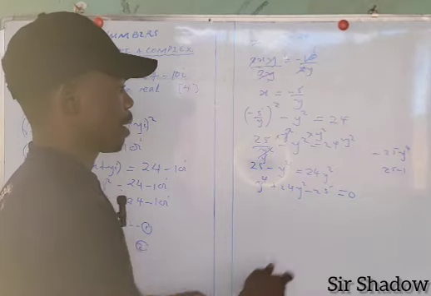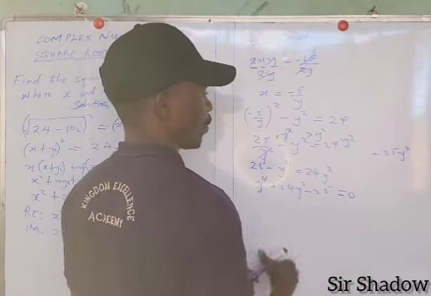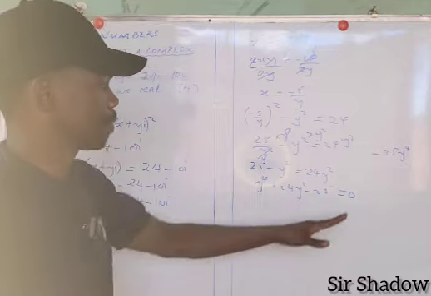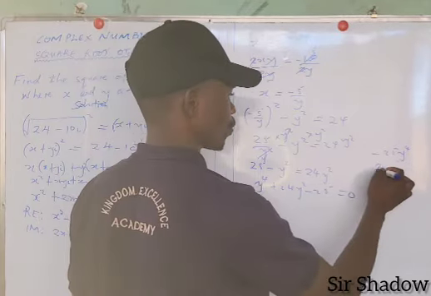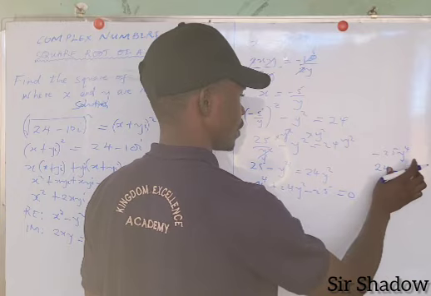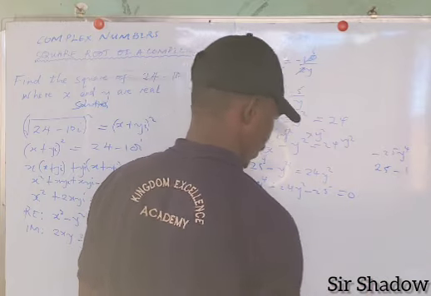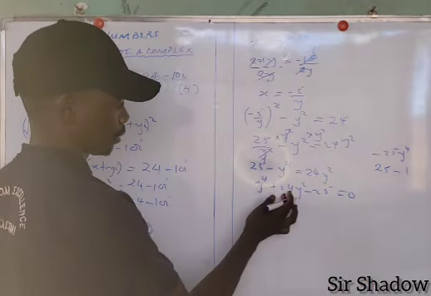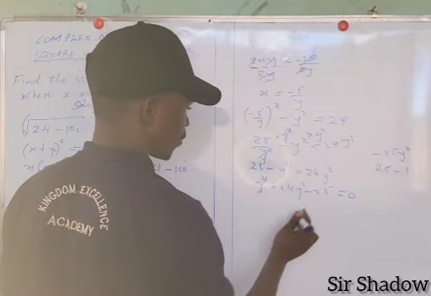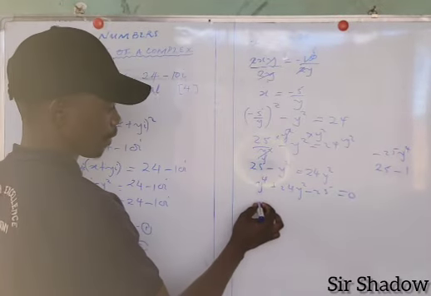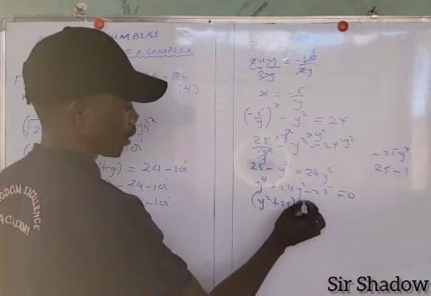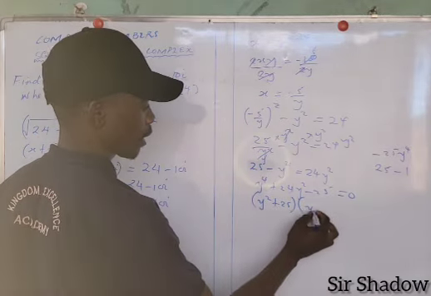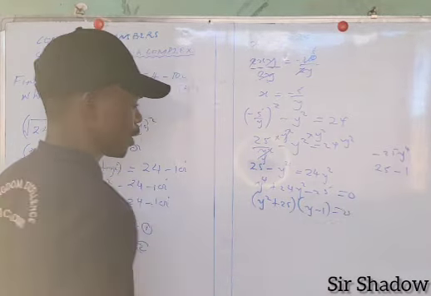Remember, we want to get minus 25, and minus 25 is 24 from 25 minus 1. So now we have y squared plus 25, then y squared minus 1 should be equal to 0.